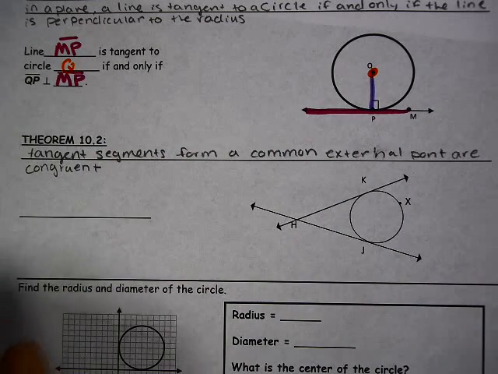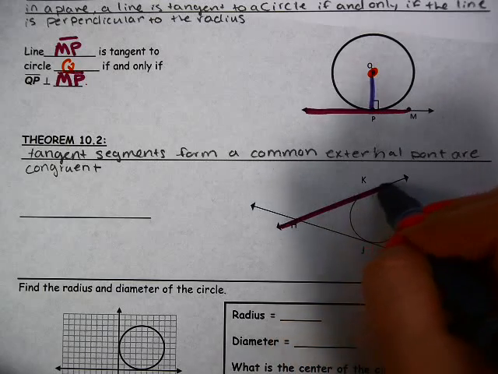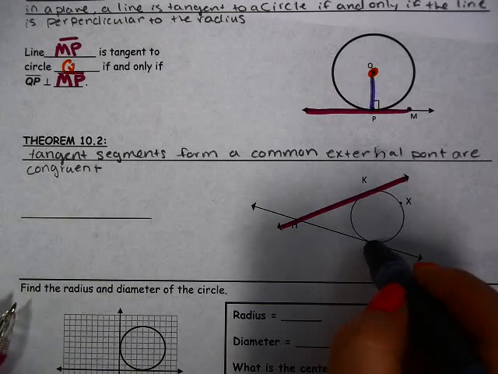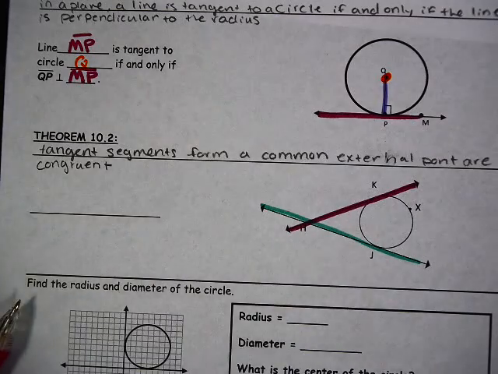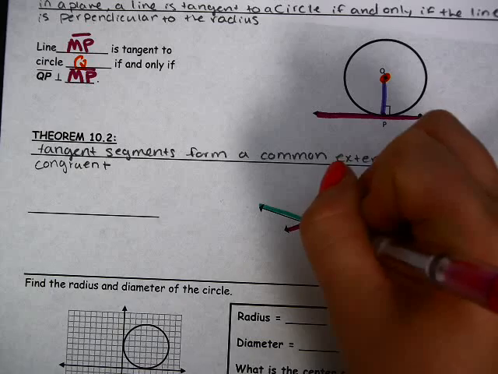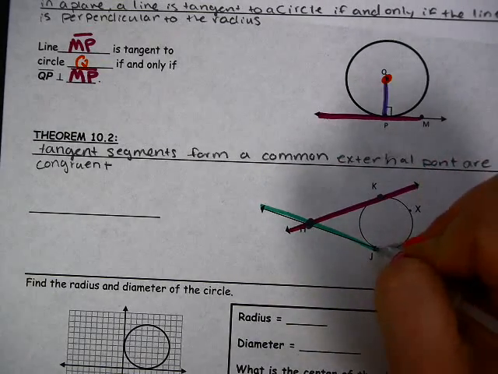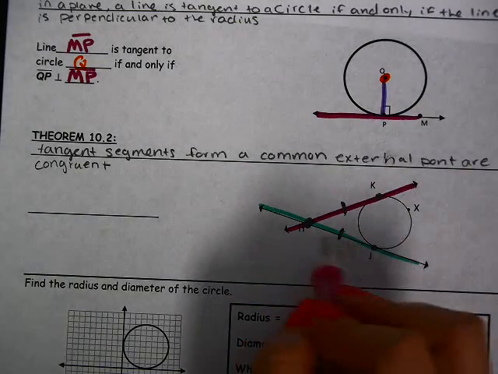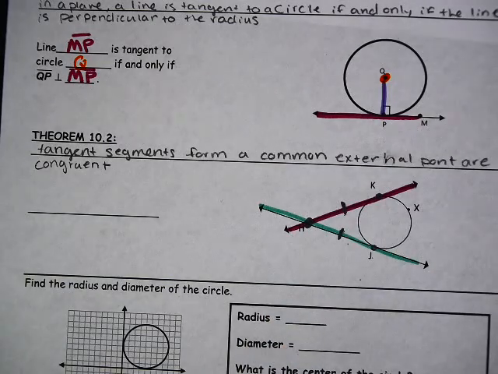So basically that's saying if you have tangent line HK and you have tangent line JH, at the point that they intersect outside of the circle, these tangent segments are going to be congruent right here. So this is congruent to this segment. So segment HJ is congruent to segment HK.